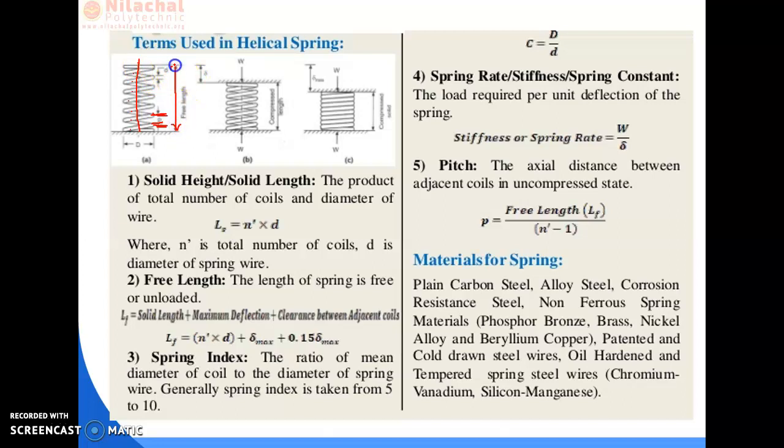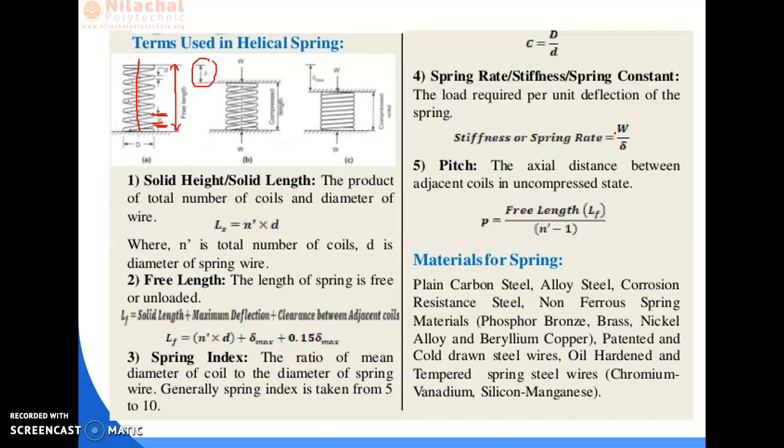Now while we apply W, deformation takes place, and this is the deformation del, which occurs due to the application of load. The spring rate can be calculated as the ratio of load applied to the unit deflection of the spring, that is W by del.